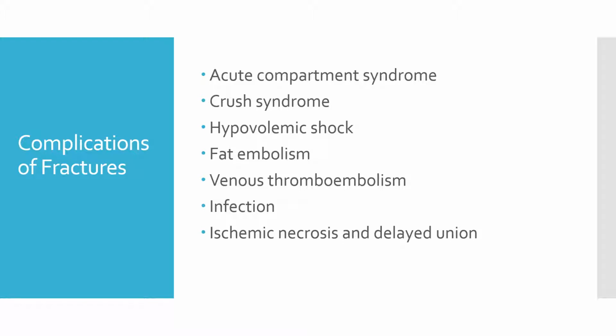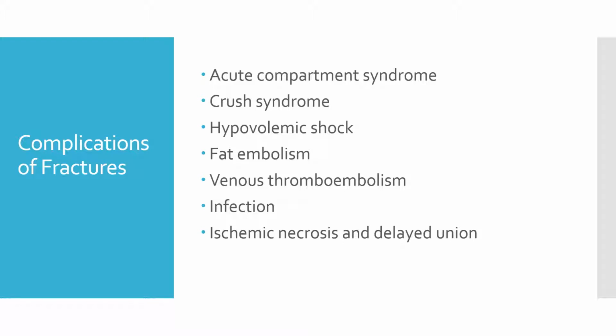Hypovolemic shock, that's usually due to bones being very jagged, and when they break, they can cut arteries and other vessels and cause hemorrhaging. So with hemorrhaging, you can have hypovolemic shock, meaning low volume, body goes into shock. You can have fat embolisms, and we're going to talk about fat embolisms.